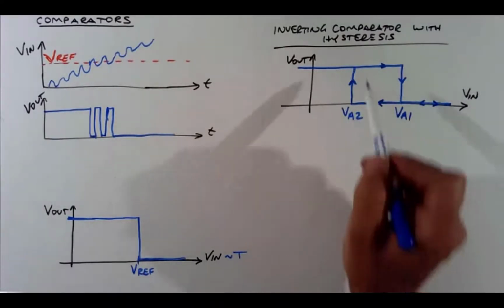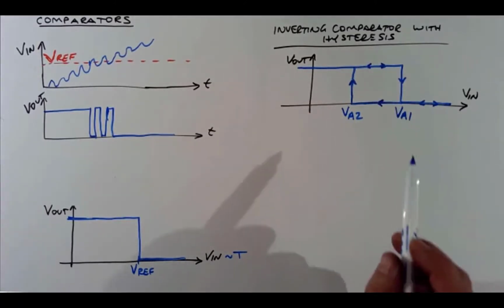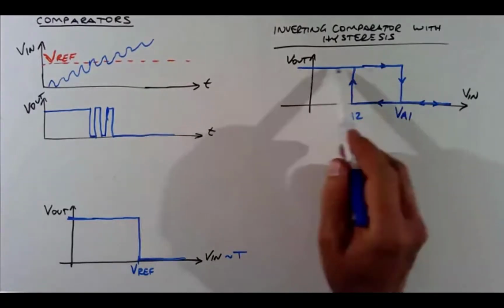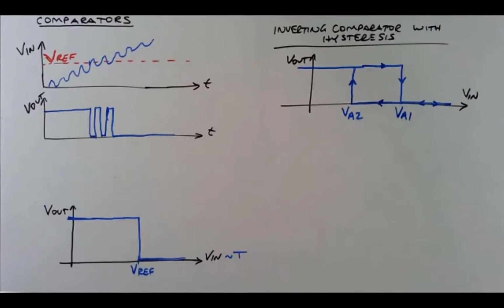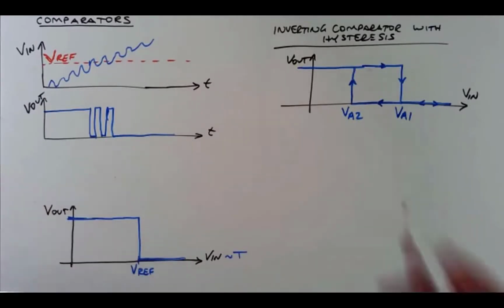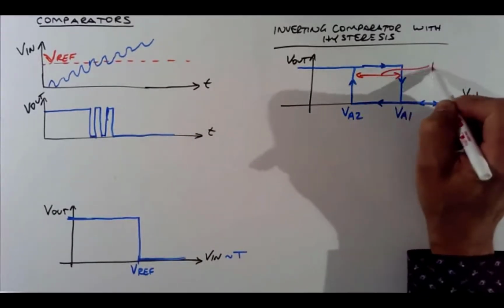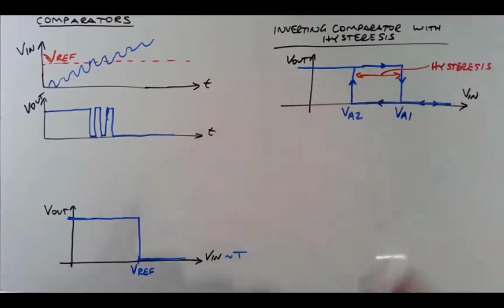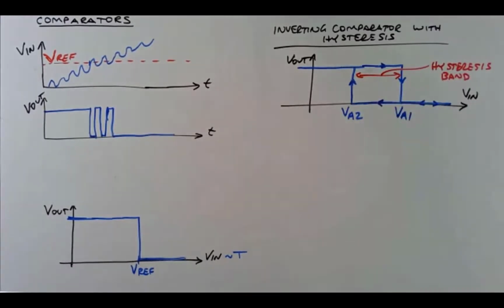But the point of this plot is that the heater will only turn off at VA1, and the heater will only turn on at VA2. And there's this band in between, and that band in between is called the hysteresis band. And it's VA1 minus VA2.